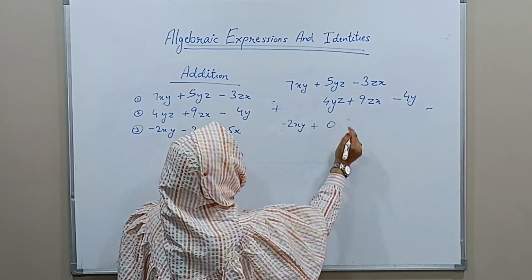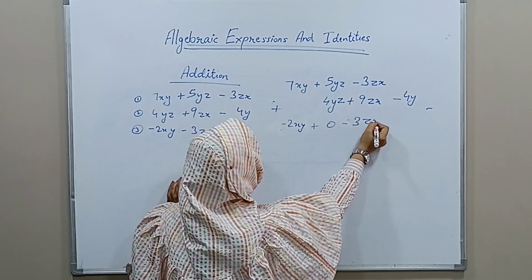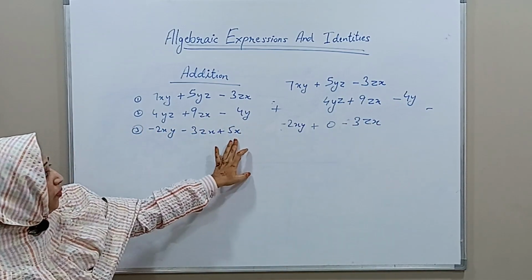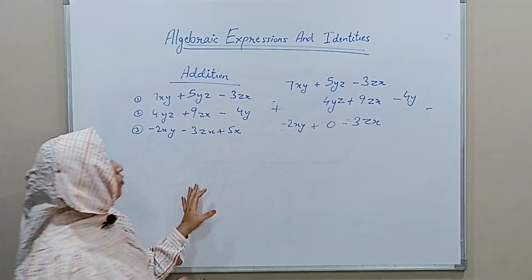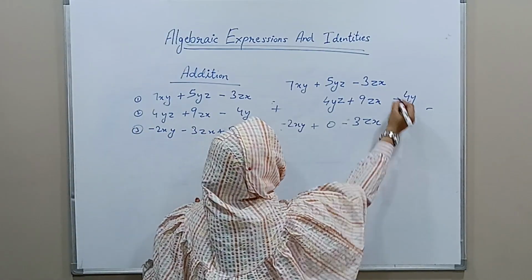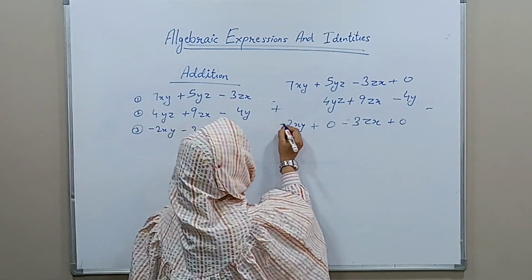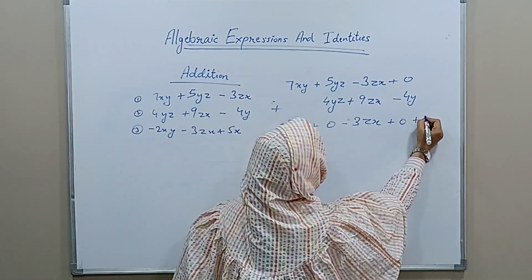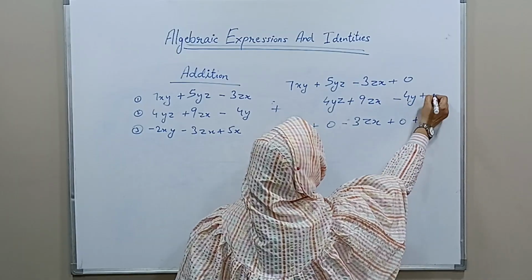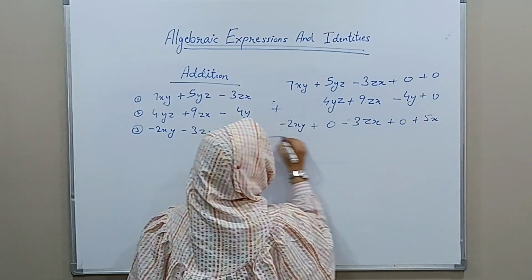And then minus 3zx. Also for y you don't have any variable, so you can write 0. You can write 0 here also. And plus 5x. So plus 5x is the last variable. So here you can put 0 for convenience.